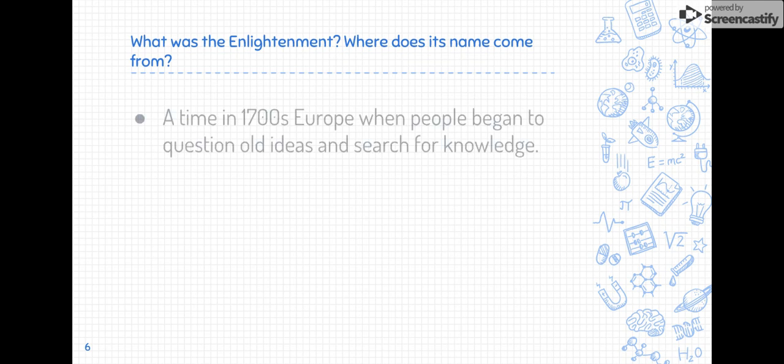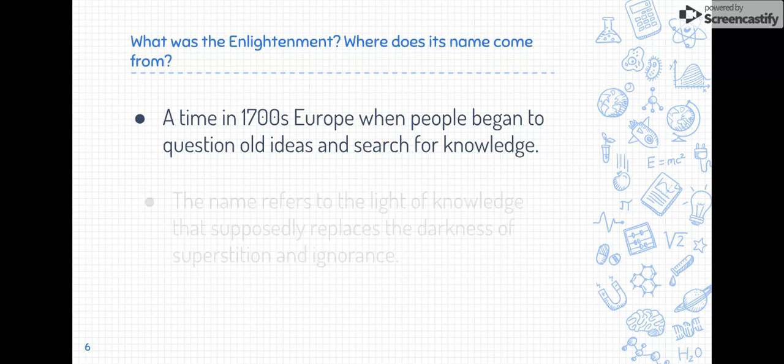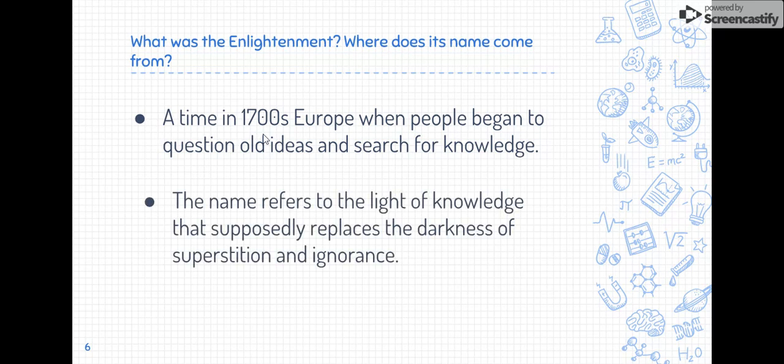What was the Enlightenment? Where does the name come from? Okay. So what was the Enlightenment and where does it come from? The Enlightenment is a time in 1700s Europe where people began to question old ideas and search for knowledge. The name refers to the light of knowledge that supposedly replaces the darkness of superstition and ignorance.